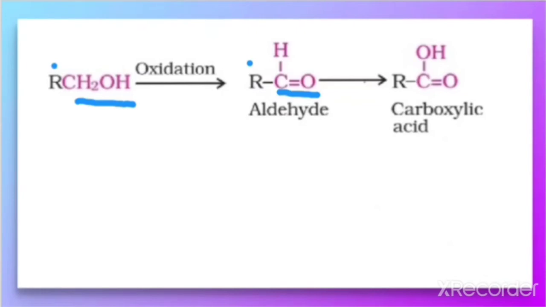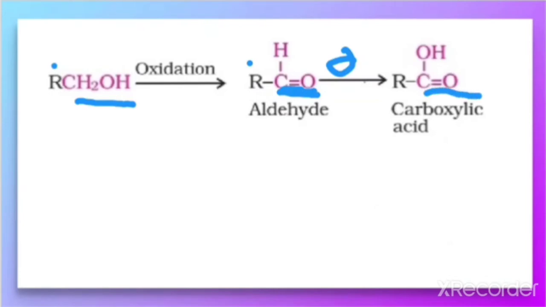As I told you, there is a cleavage of the CH bond and OH bond that results in the formation of C double bond O, that is a carbonyl compound, the aldehyde. Now further oxidation gives rise to acid. Here you have to change CHO into COOH.